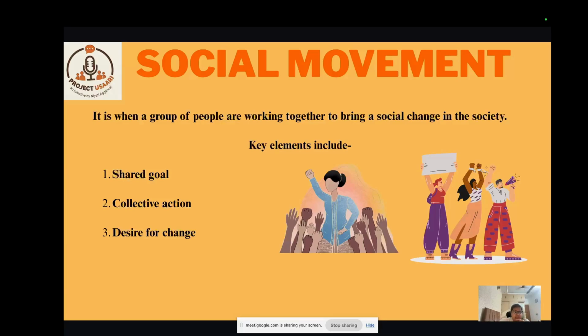Thirdly, desire for change. Change is like the catalyst for any social movement, and hence it must be taken into account.